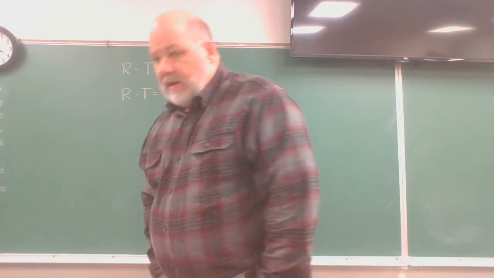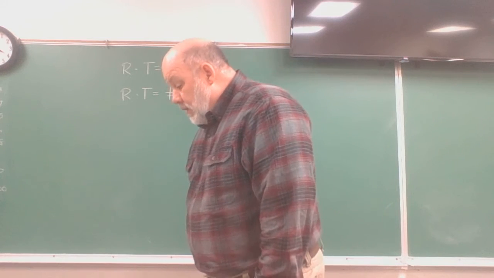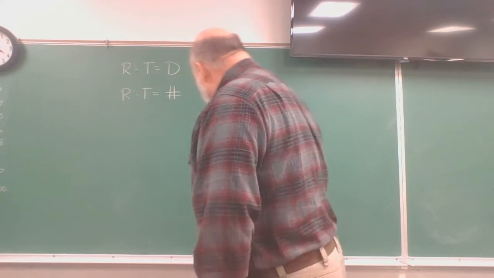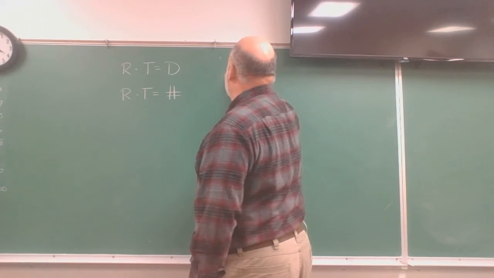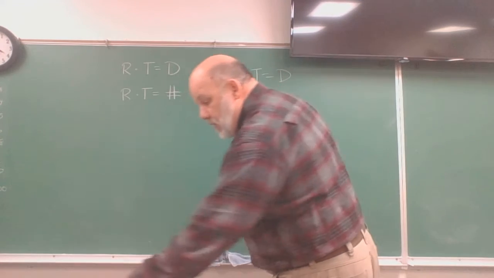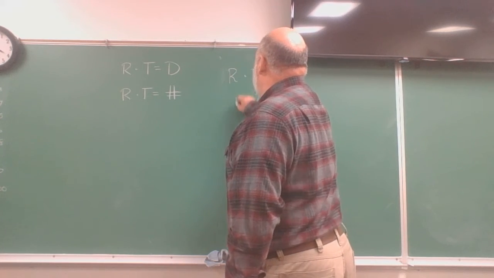It says Vacuous. It's Saxon, remember? He's got those stupid names. No offense, Saxon. Vacuous ran 6 miles in 2 hours. This is a rate times time equals distance. He ran how far? 6 miles. That's his distance in 2 hours.